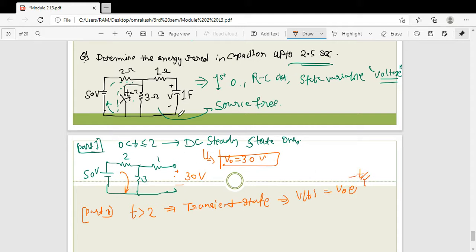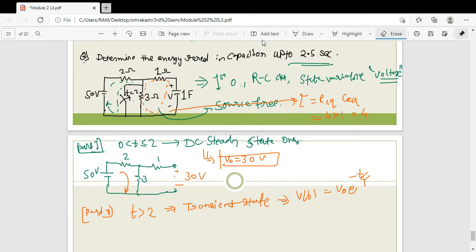Now tell me, what is the tau for this circuit? Tau is nothing but R equivalent into C equivalent. So what is the R equivalent? Now see, this is your circuit. R equivalent is 3 plus 1 is 4. 4 into 1 which is equal to 4. Right? So how much is the time constant?